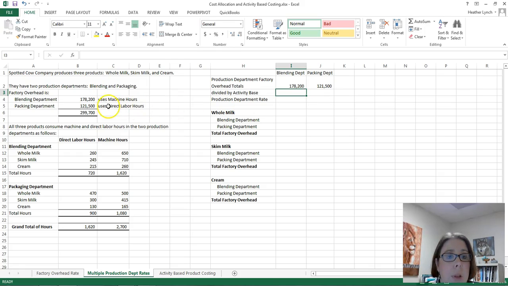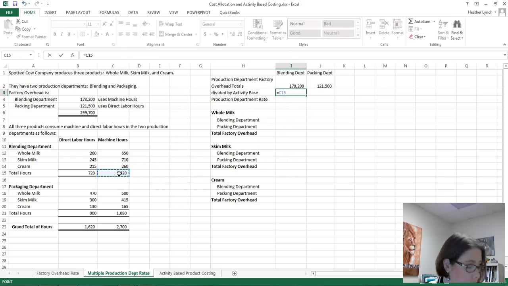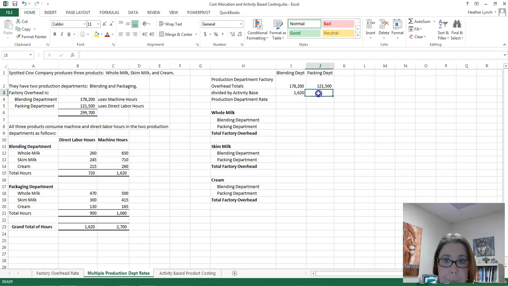Now we need to divide it by the activity base. And they said for blending, they use machine hours. So I can come over here for blending. So the total machine hours was 1620. Now packaging, they use direct labor hours. So I need to go down to the packaging department, look under the direct labor hour, and they're going to be the 900.